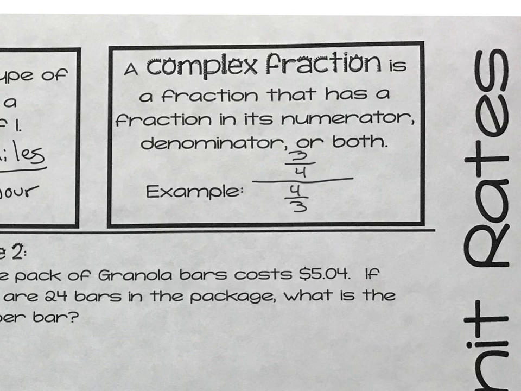So that would be a complex fraction. And we'll show in some examples how we actually do that problem. We'll divide those two. We're going to use keep, change, flip in order to do that. Then we're going to move on to example 1.